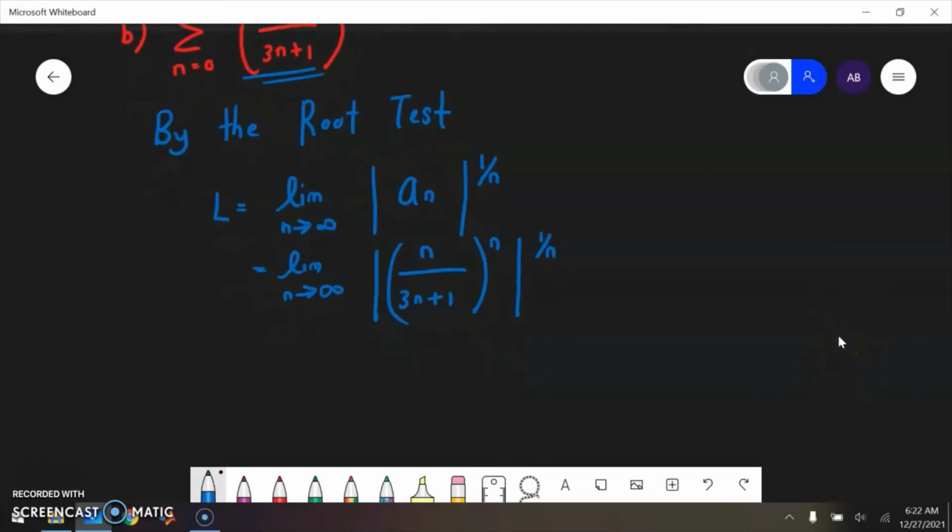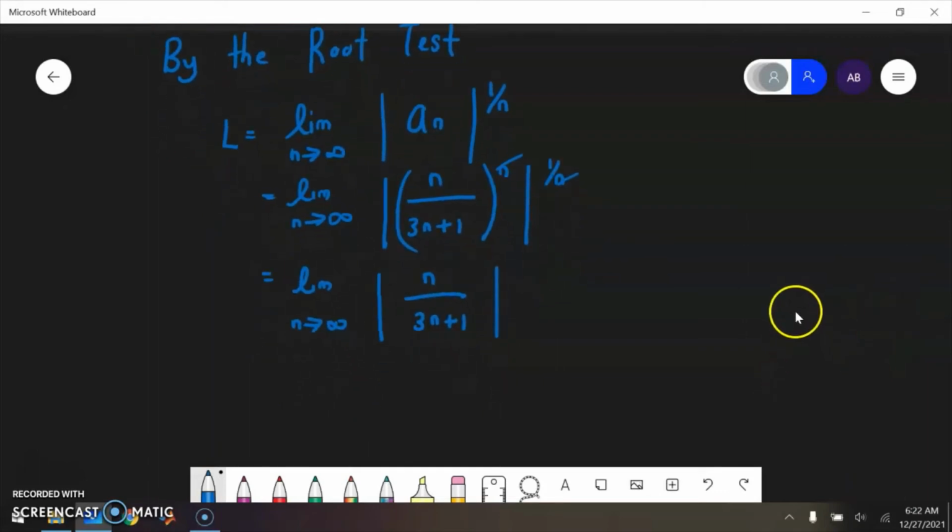It's easy to see that these terms cancel out, therefore you have the limit as n approaches infinity of n over 3n plus 1. Now what you can do here is divide by the highest power, right?